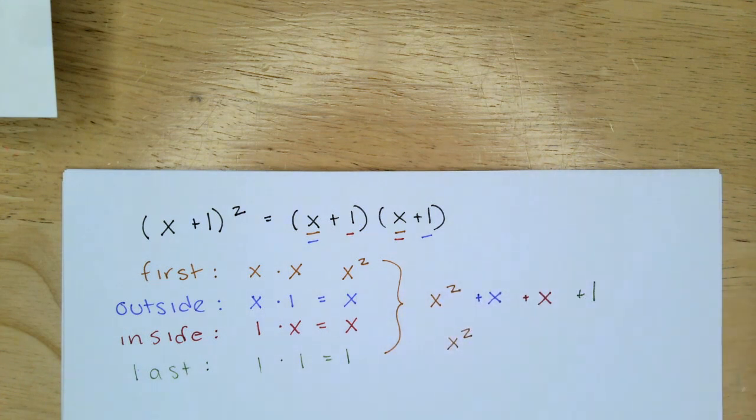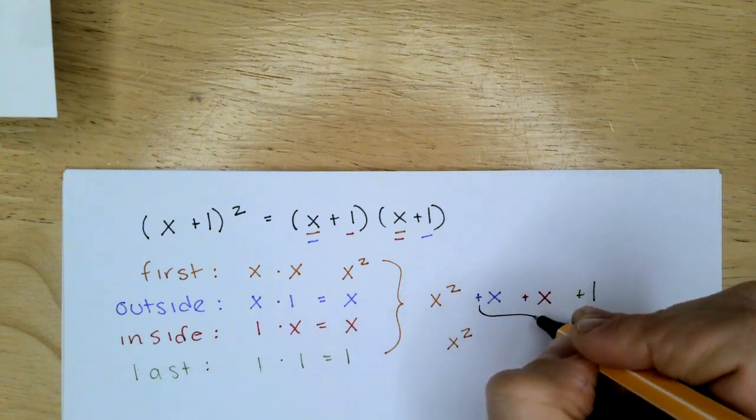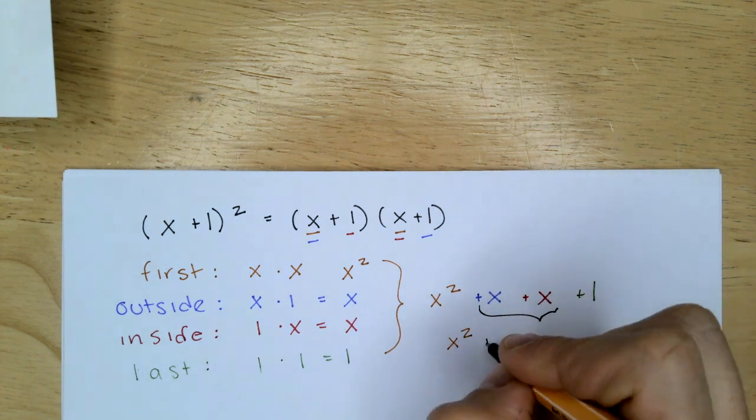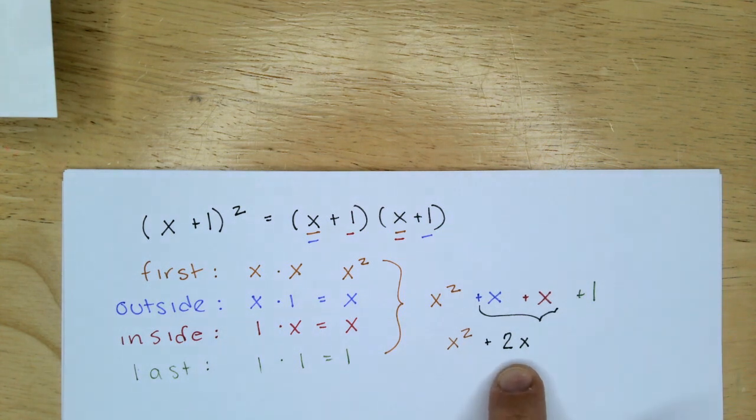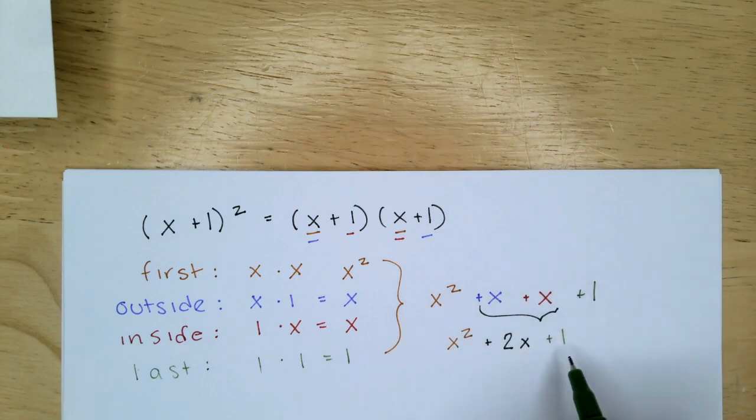The x and x, we're just counting them. How many x's are there? There are 2 x's. We're not multiplying them. We're just adding them up. So it's x squared plus 2x plus 1 is our final answer. Good. And again, if you factor that out, you need 2 numbers that multiply to 1 but add to 2. So it's going to be x plus 1 times x plus 1.